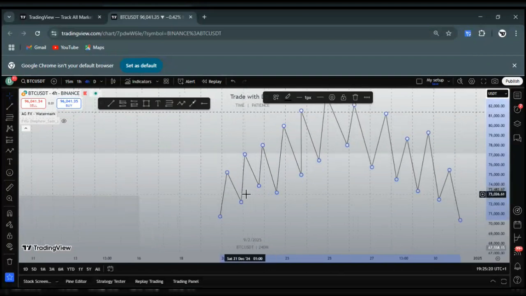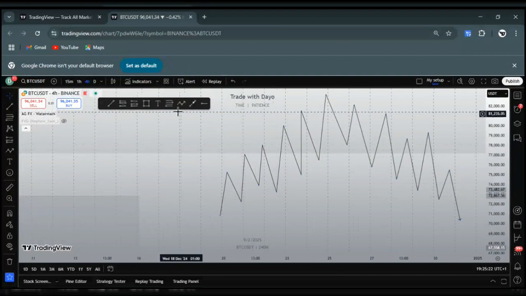So now, as you can see, the market was trending upwards in this market. It was going up, then reverses and goes down to the demand zone and taps into the demand zone.